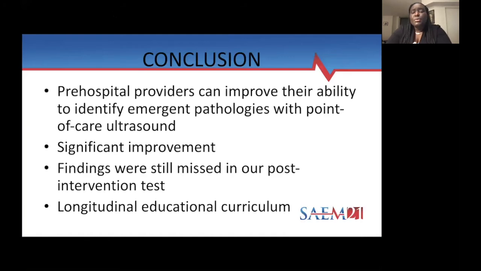This suggests that pre-hospital providers are capable of learning point-of-care ultrasound, but they would benefit more from a longitudinal educational curriculum as opposed to a single-day training session. Further research is needed to determine the ideal means of delivering a point-of-care education curriculum to pre-hospital providers.